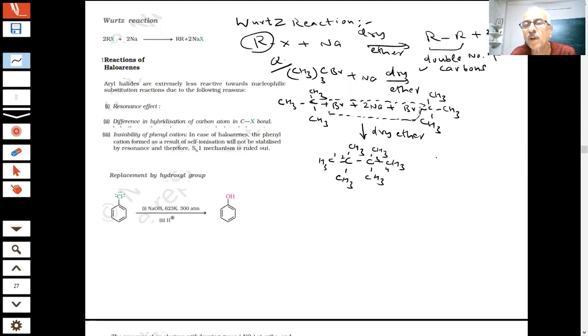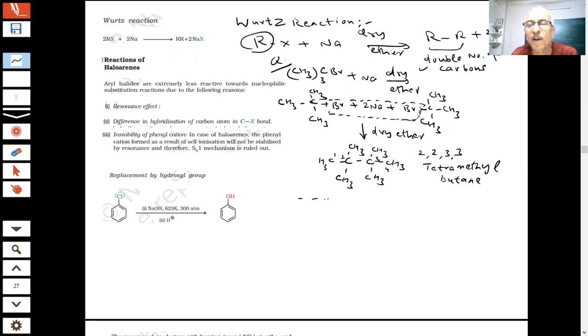So what is that? 2, 2, 3, 3-tetramethyl. How many carbons? 4. Butane. So these are examples of the Wurtz reaction which we have.